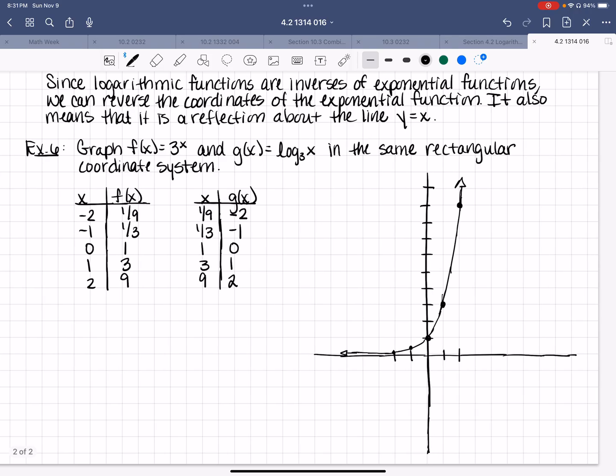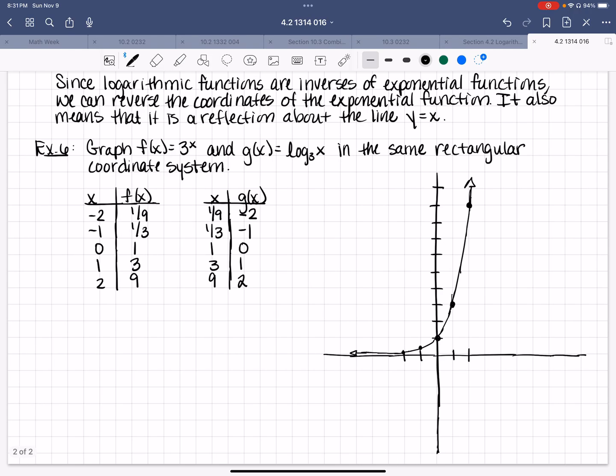Now when I get ready to graph g of x, which is going to be the inverse of f of x, I know that when x is 1/9, I get -2. So it's real close here to the y-axis, or the vertical line x equals 0. And then 1/3 is going to give me -1. And then 1 gives me 0. 3 is going to give me 1.